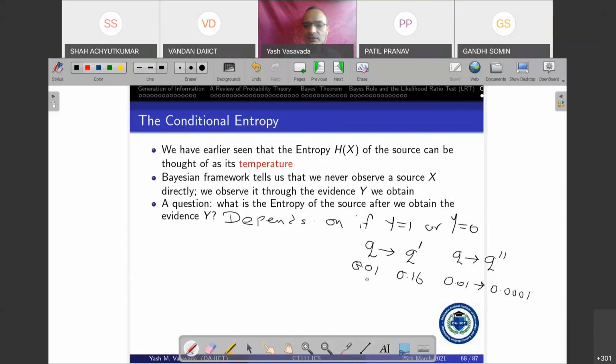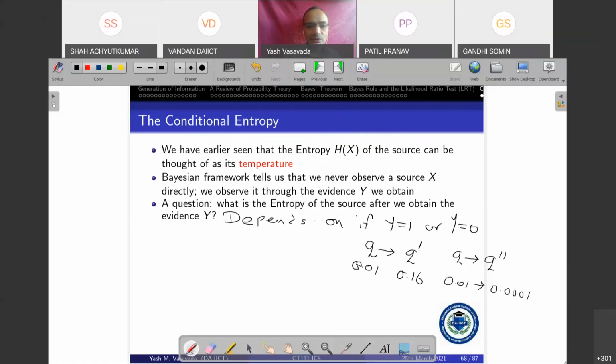Whereas if the test turns out positive, maybe this will become a little larger. So these are the two cases. When the test is positive, q becomes a little larger, from 1% it becomes 16%. If the test turns out negative, then q becomes very small, maybe 0.001%.